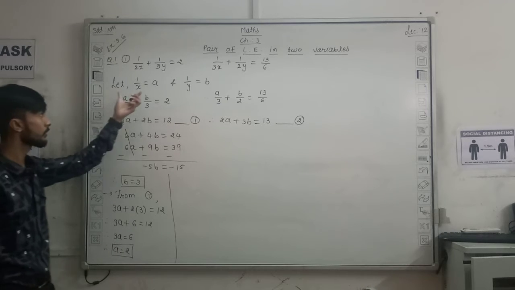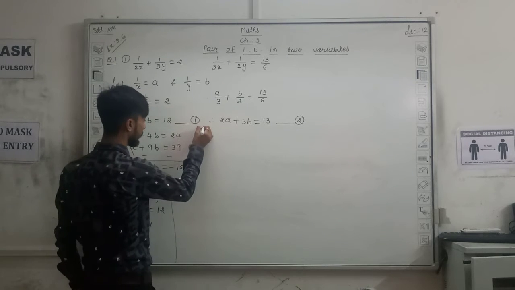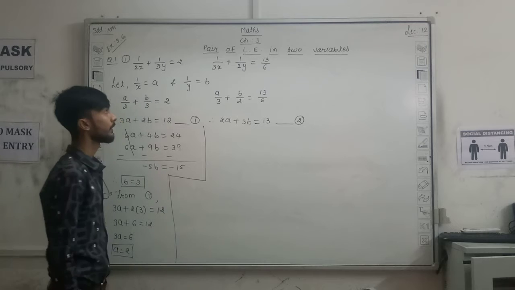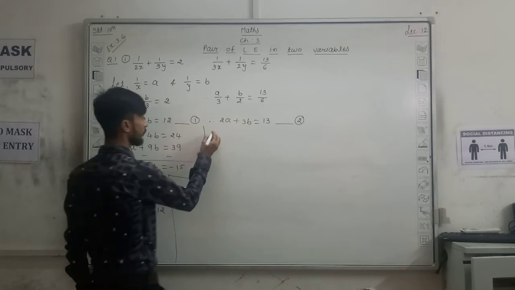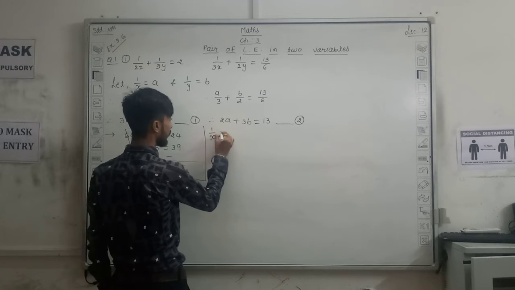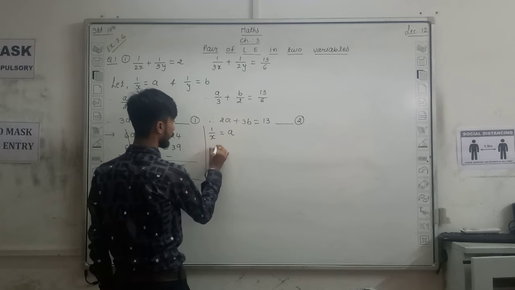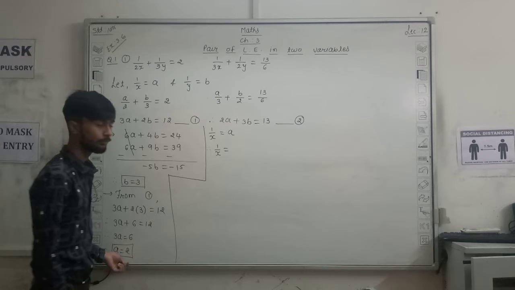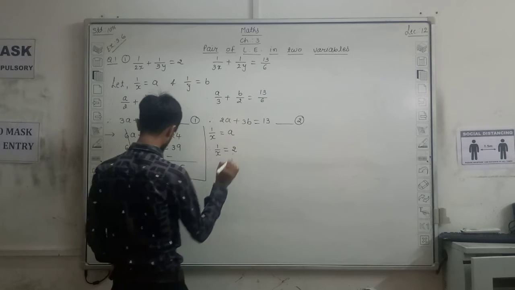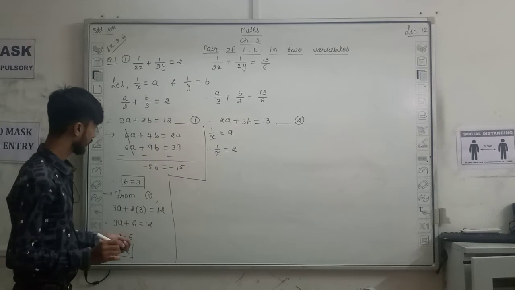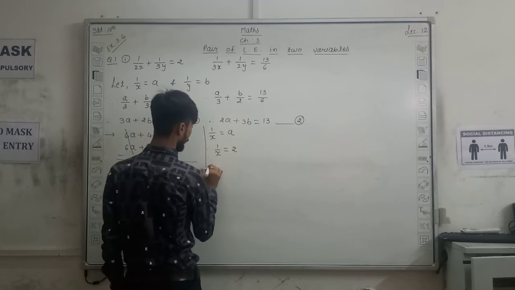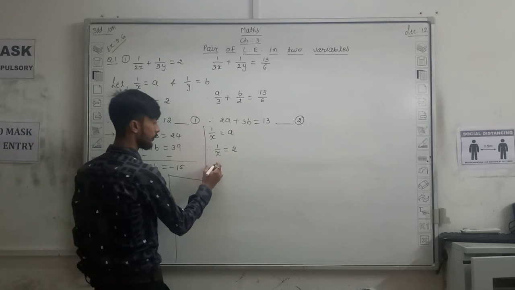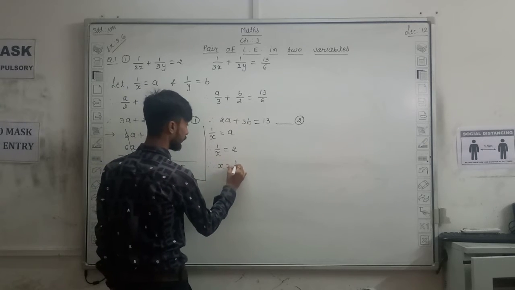Now what is our supposition? 1 upon x is a and 1 upon y is b. Right? So 1 upon x equals a. Therefore 1 upon x equals, what is a? A is 2. And therefore x equals 1 by 2.